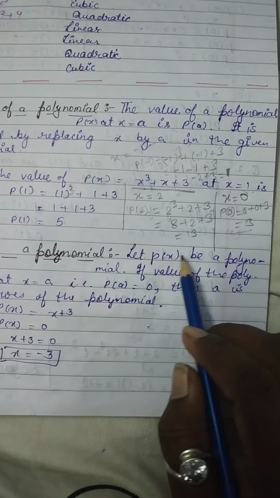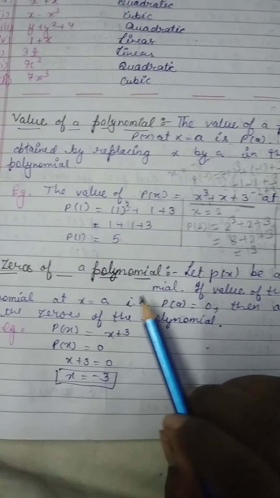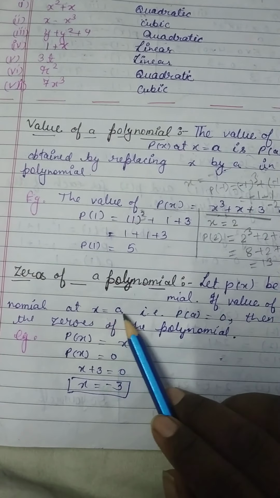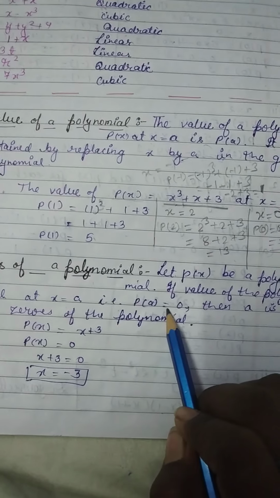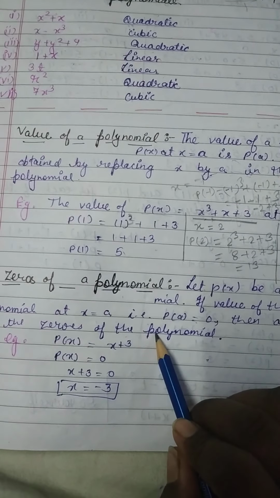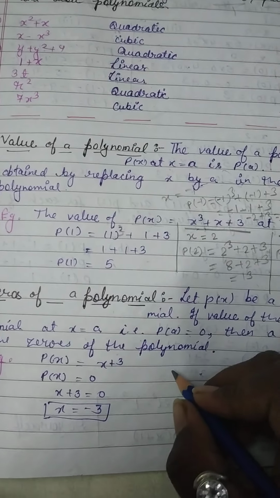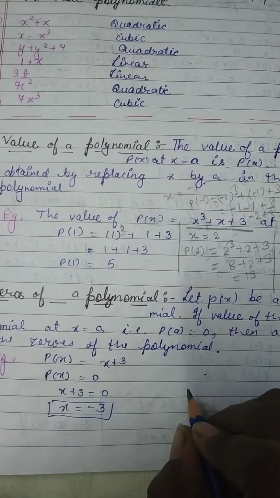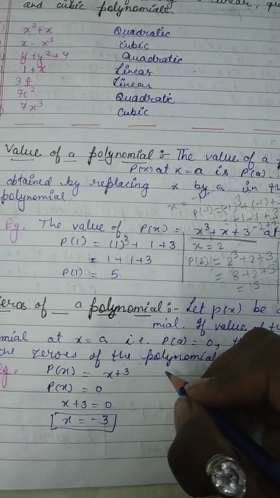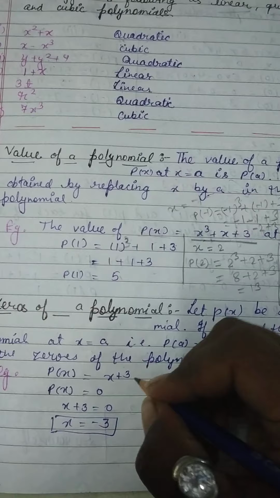Let p(x) be a polynomial. If the value of the polynomial at x equal to a, that is p(a), is equal to 0, then a is the zero of the polynomial. Okay, it means any value which we put replacing x in a polynomial, and we get 0.